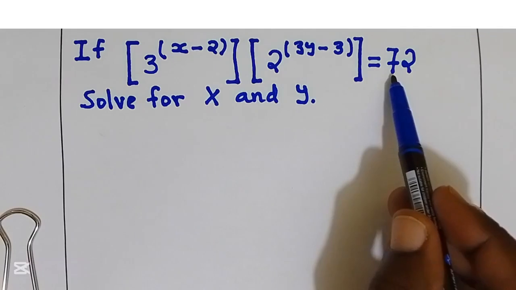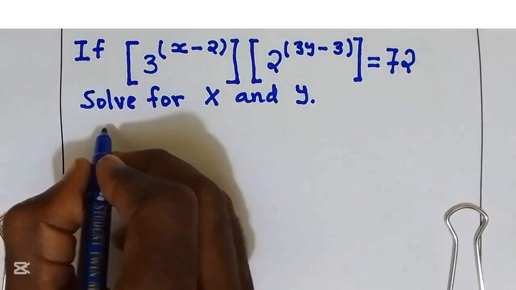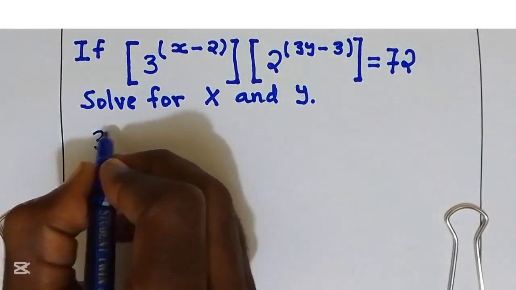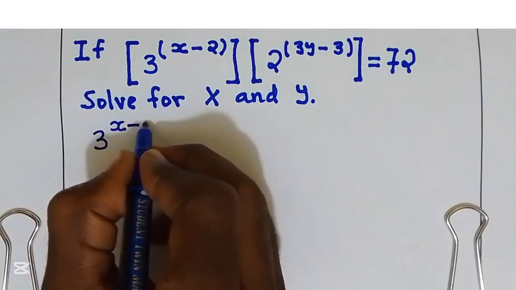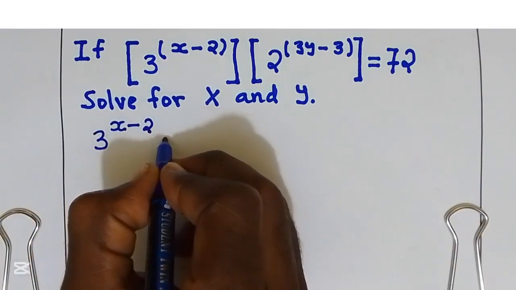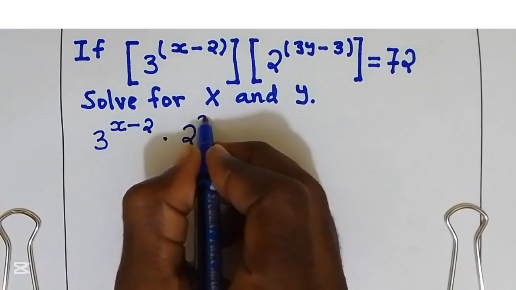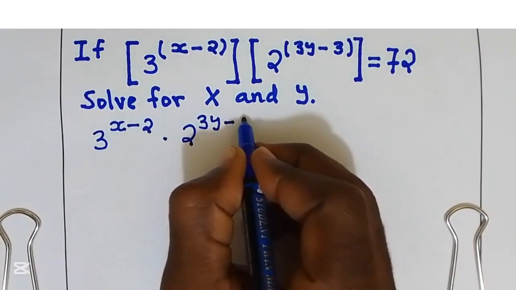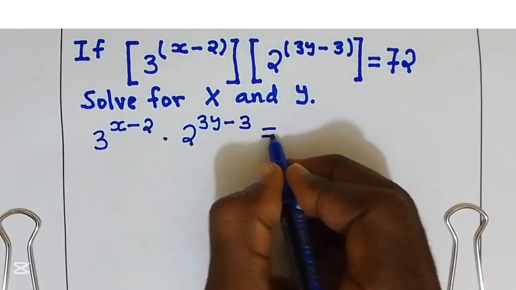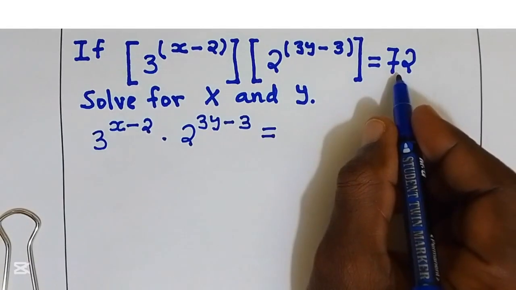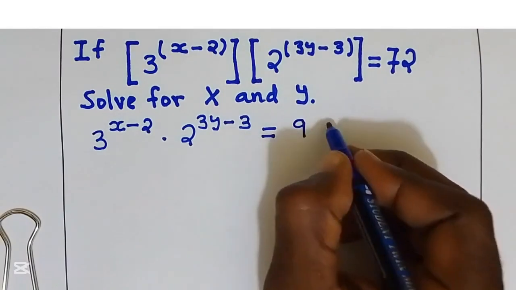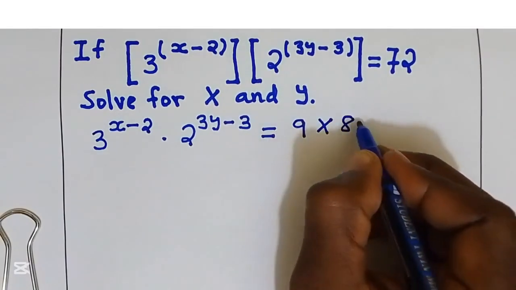I'm going to make a number with the base of 3 and 2 on the right hand side from 72. Now we have 3 power x minus 2 multiplied by 2 power 3y minus 3. This is equal to 72, which is the same as 9 multiplied by 8.